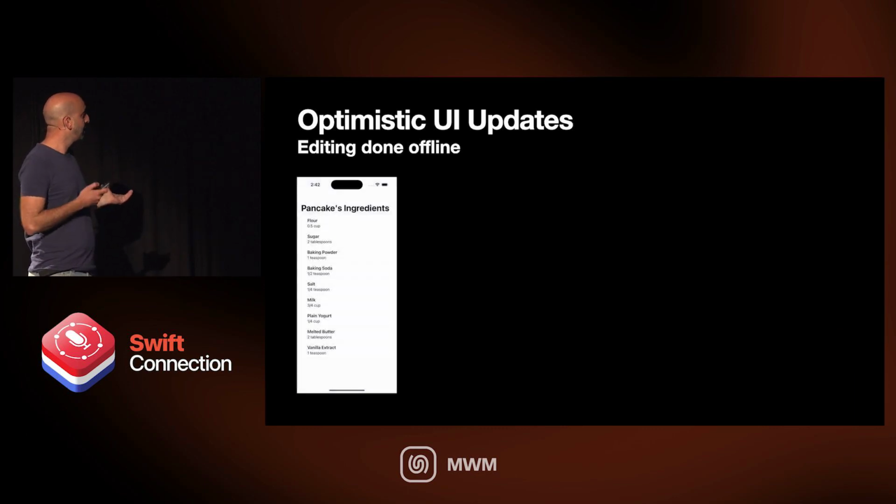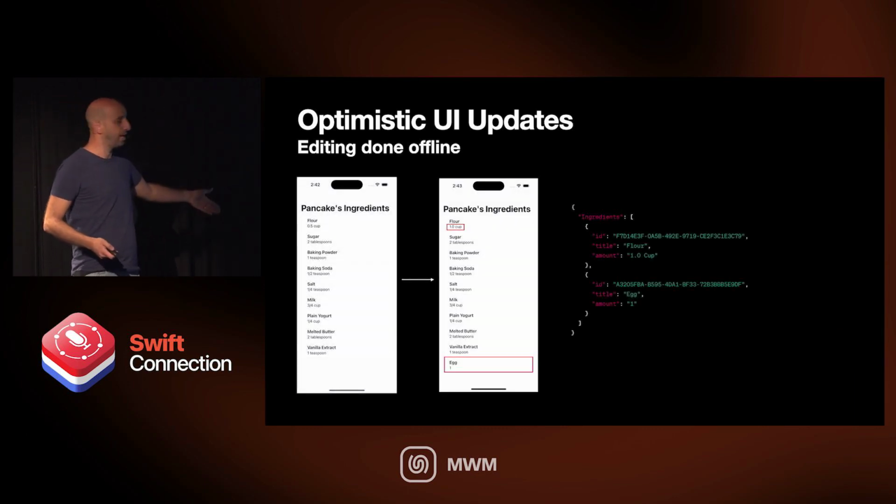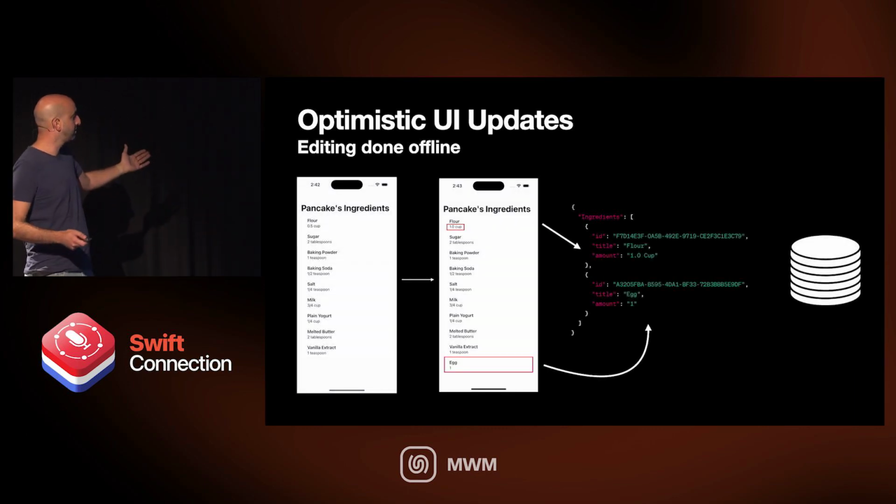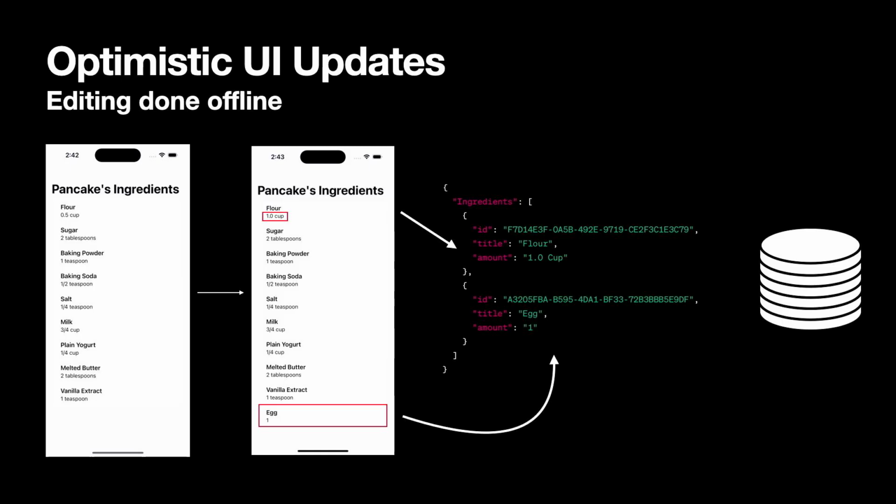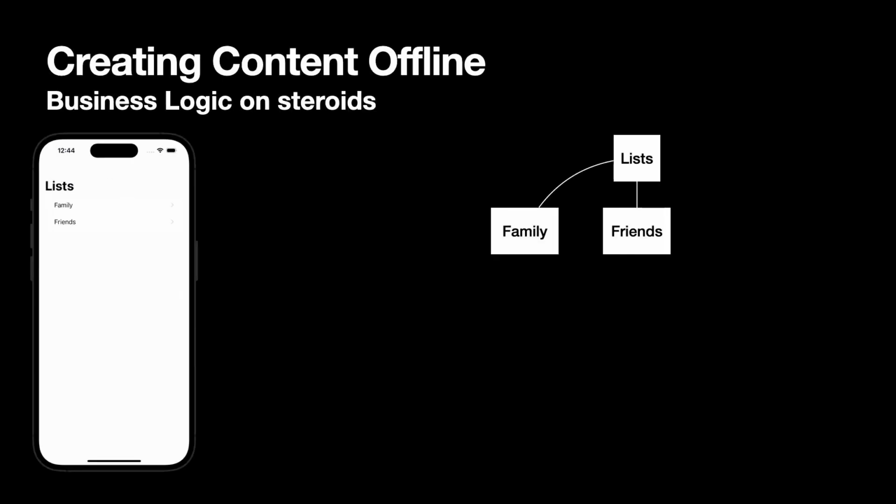If, for example, we have some list of ingredients, then we add something offline. When we're back online, we just send the entities back to the server. But there are some things that we need to make sure. For example, if we create content offline, we need to take care of everything.